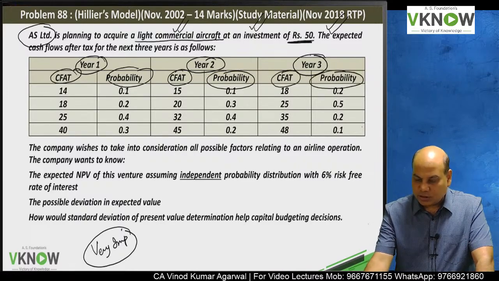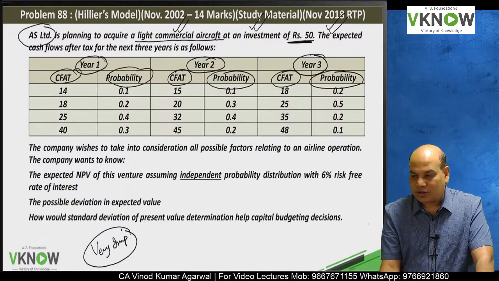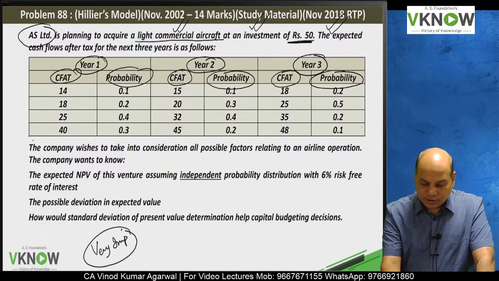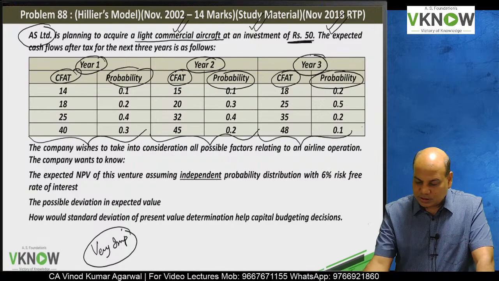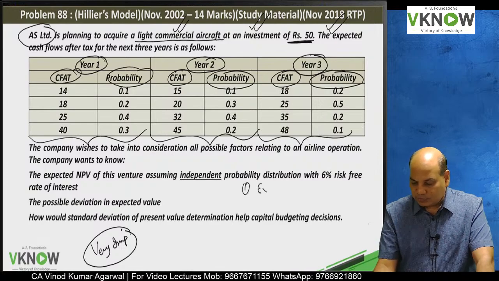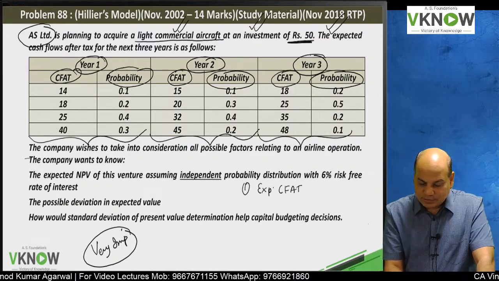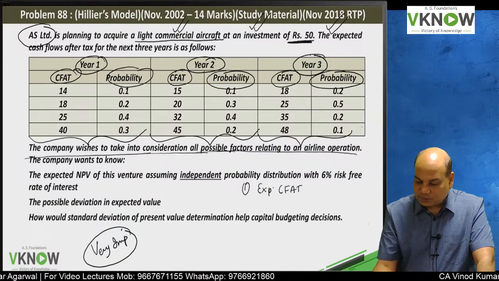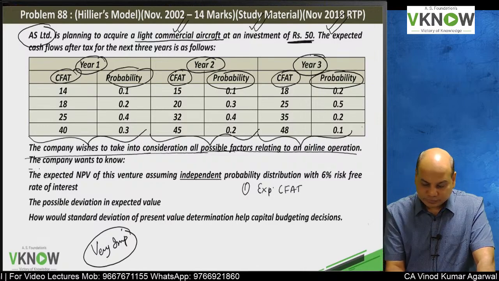Similar question we have done in the starting part of this chapter when we are doing risk analysis. First, I need to find out expected CFAT of each year. The company wishes to take into consideration all possible factors to an airline operation.